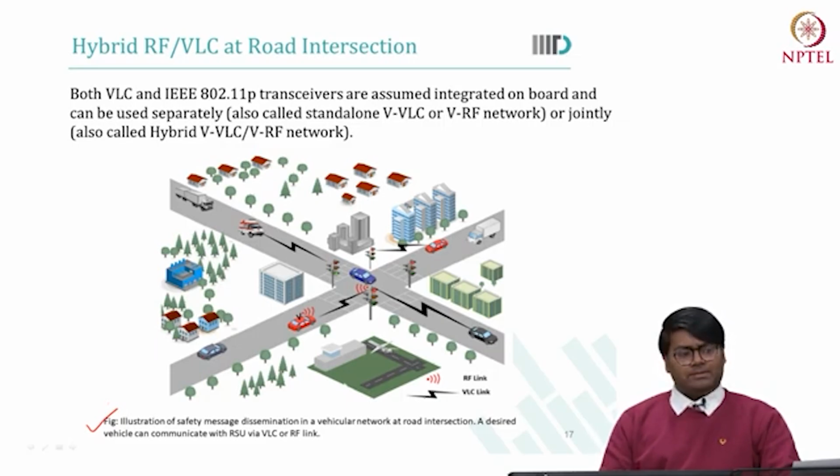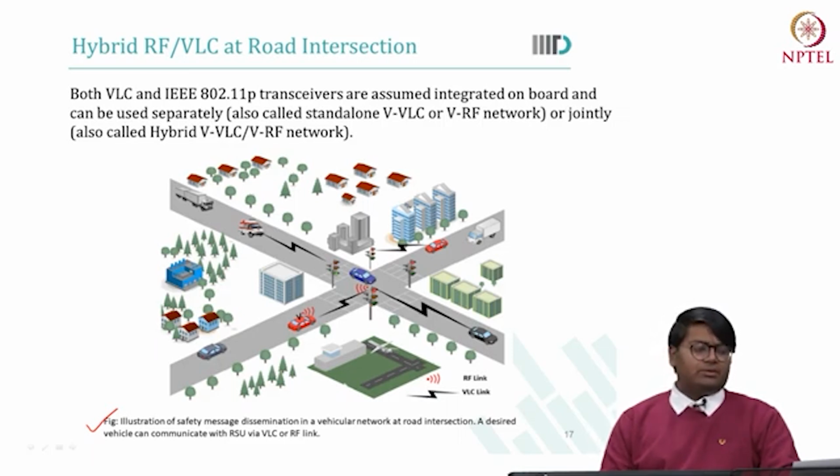Both visible light communication and IEEE 802.11p transceivers are assumed to be integrated on board and can be used separately, what we call a standalone vehicular VLC or vehicular RF network. When we jointly use both VLC as well as IEEE 802.11p transceivers, then we say it to be a hybrid vehicular VLC, vehicular RF network.